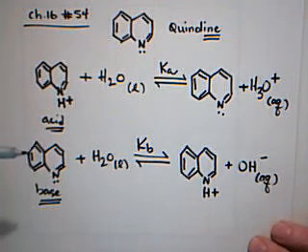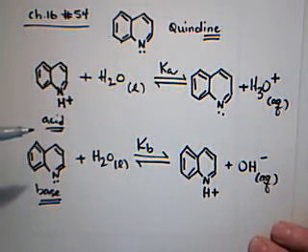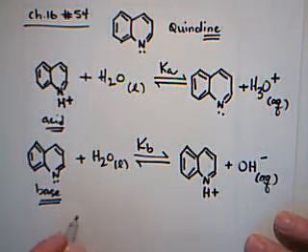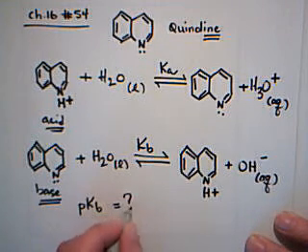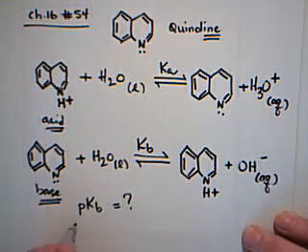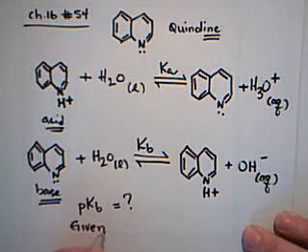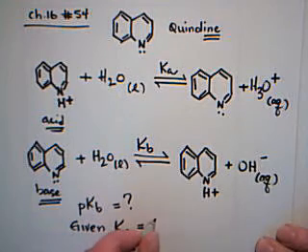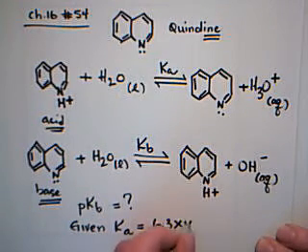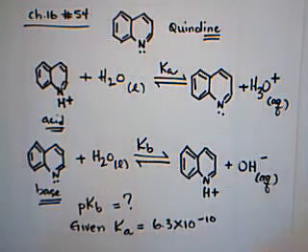So they told us what Ka is, and they want us to find out pKb. Given Ka 6.3 times 10 to the minus 10.